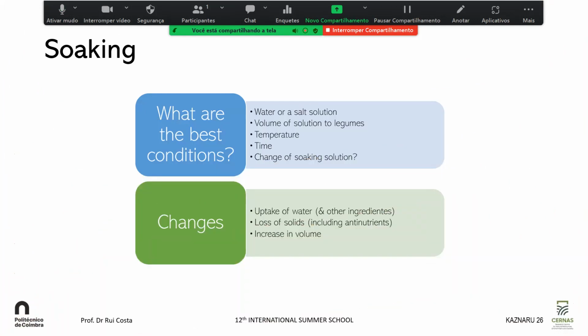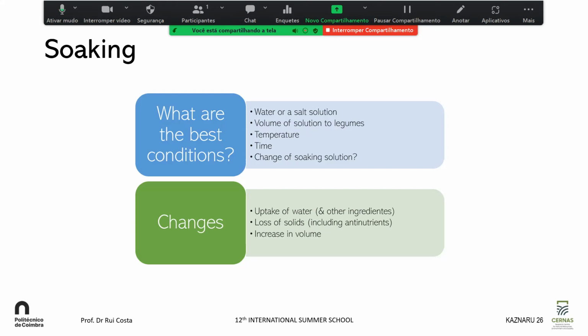So in terms of soaking, we need to optimize this operation. And that's the topic of my lecture. We studied it, but we don't have all the answers for this.